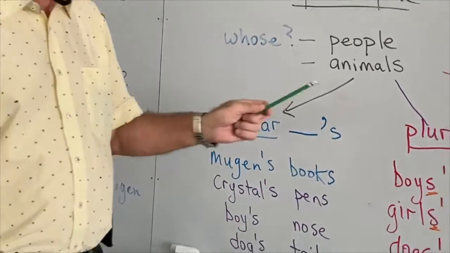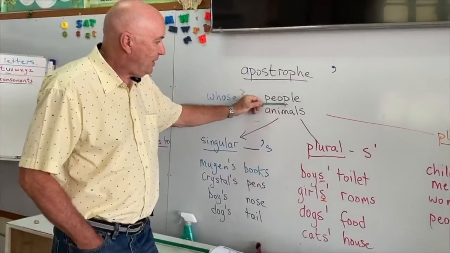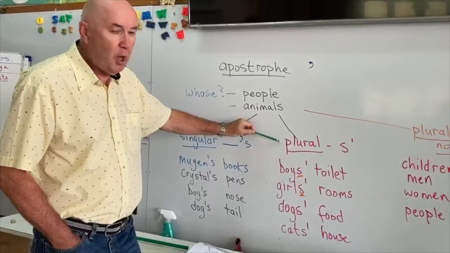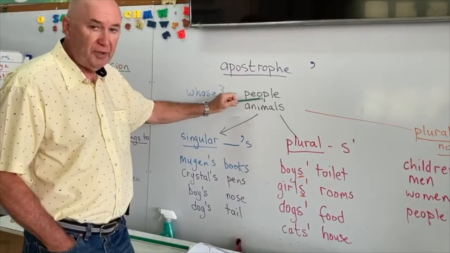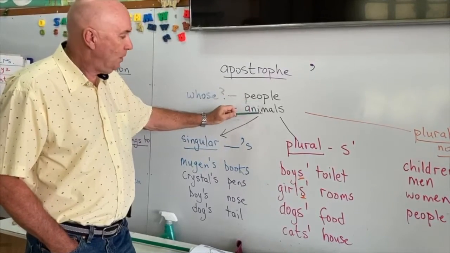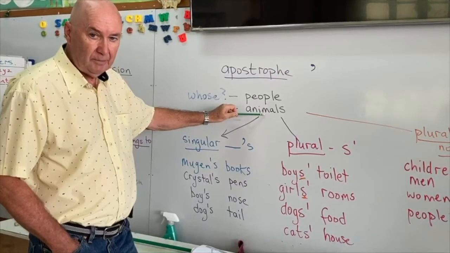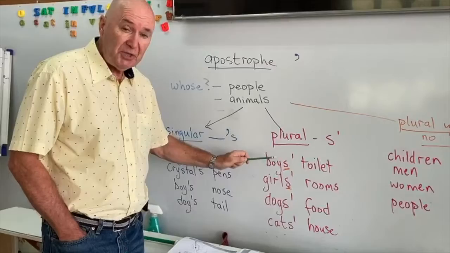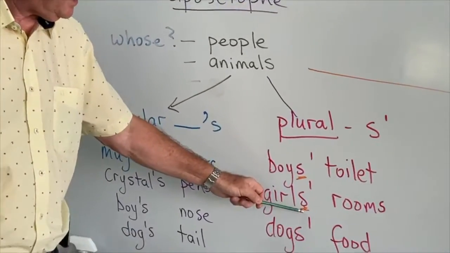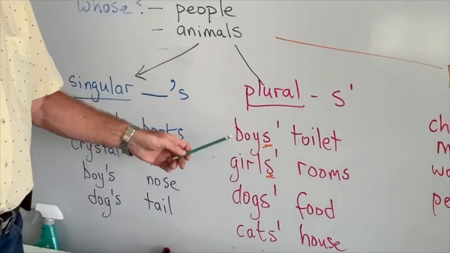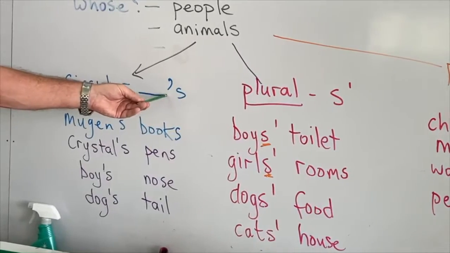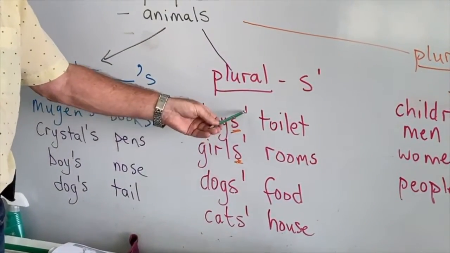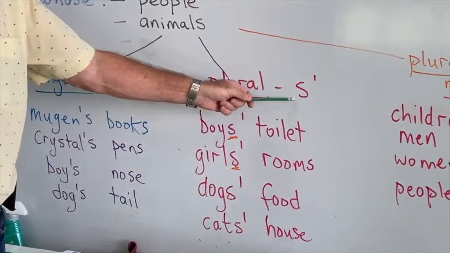Now, what happens if the answer to whose is more than one? More than one person, or more than one animal? Now, if it's plural, most of the time it will end in the letter S. So we don't need to put apostrophe S. We have the S already, so we put S apostrophe.